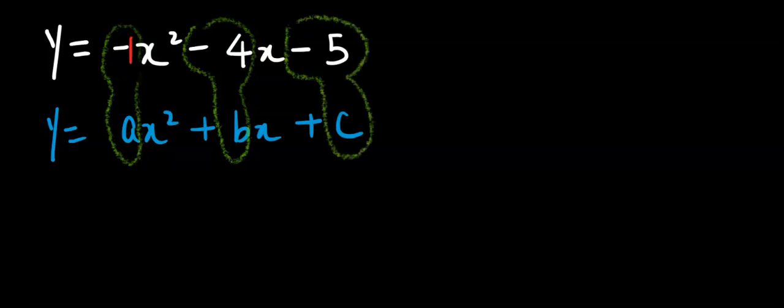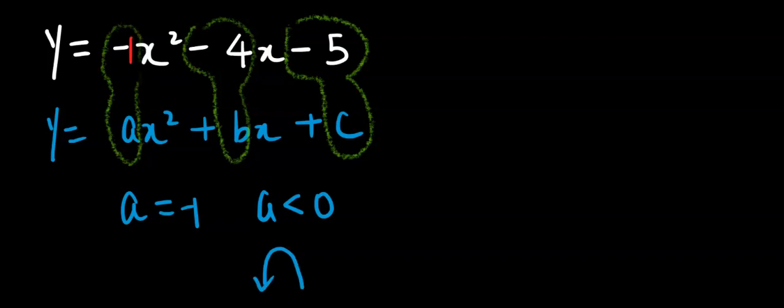Why do we need to know a, b, c? Because a, in this case, is -1, which is less than 0. It will give us a graph that is a letter U, but it opens downwards. Why do we also need b? Because we will need an axis of symmetry.